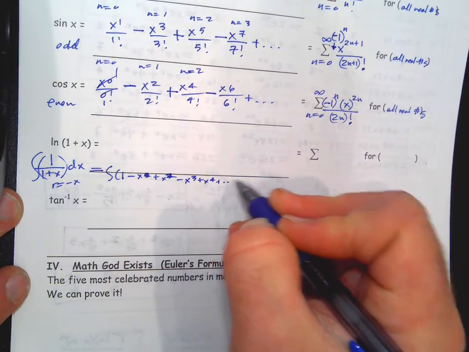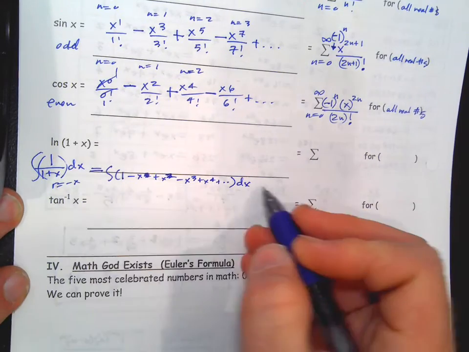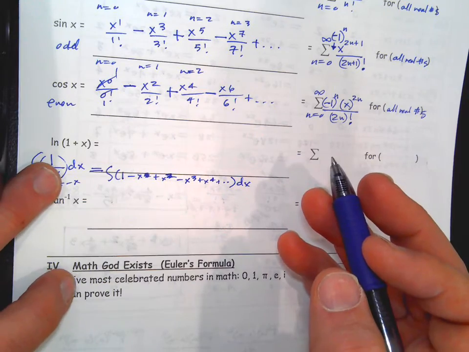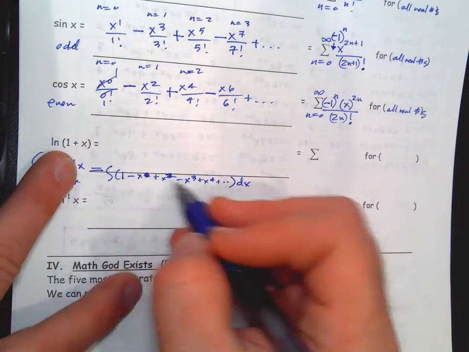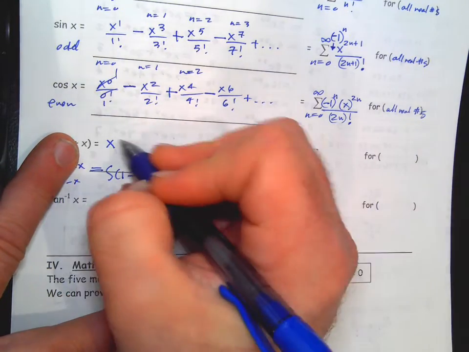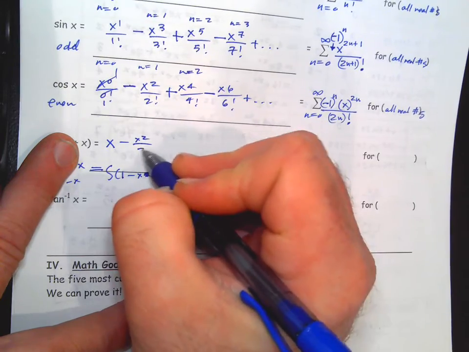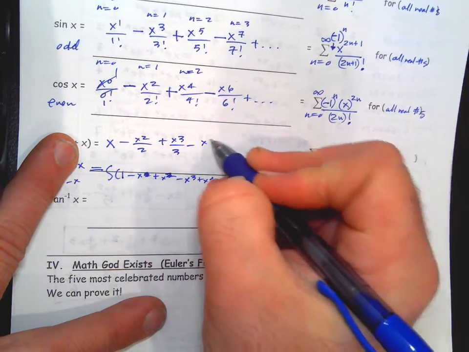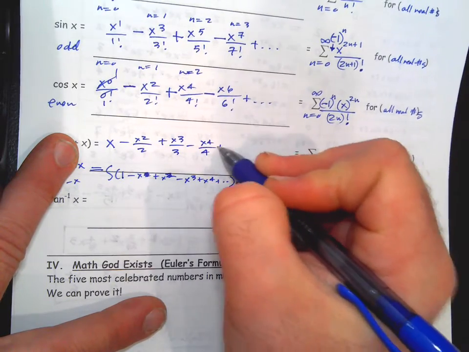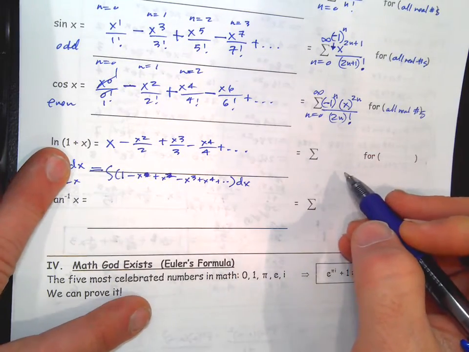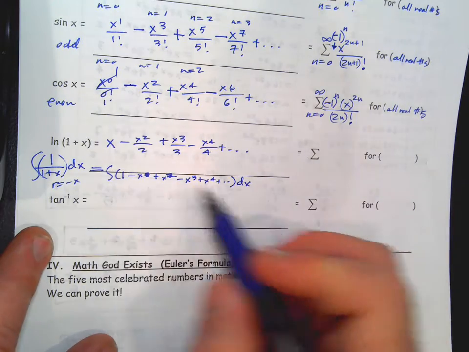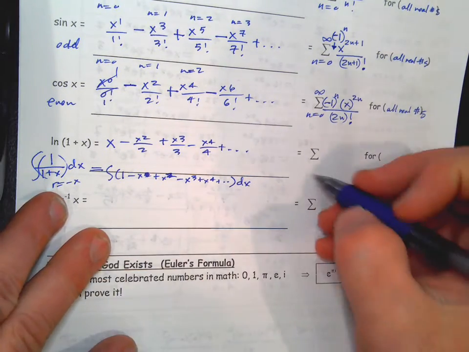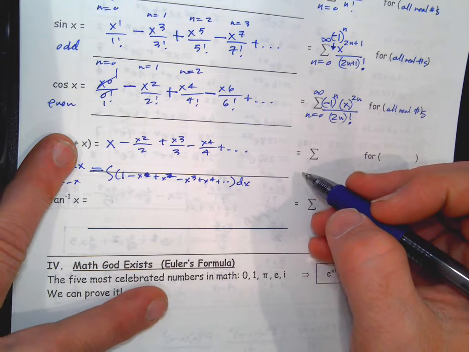If you have to, you can try to memorize it, but I think it's hard, so you should be able to recreate it quickly. If you integrate this, the first term is x minus x squared over 2 plus x cubed over 3 minus x to the 4th over 4 plus dot, dot, dot. That's probably what I'm usually going to do, unless I just have it in memory. I don't think I'm going to be able to effectively remember that long term.